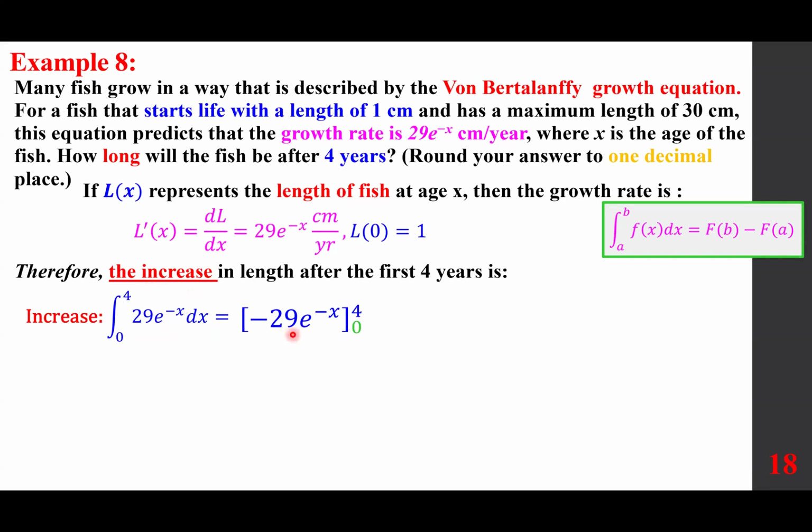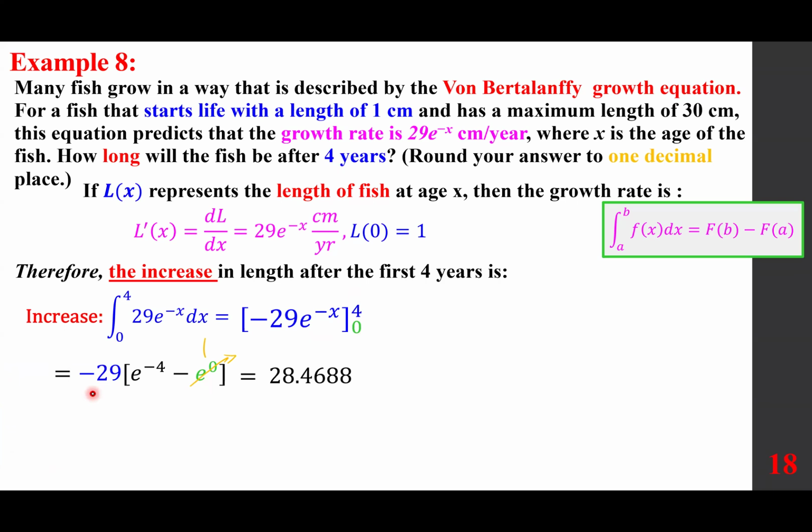So this is negative 29 times e to the power of minus 4 minus e to the power of 0, and this is 1. You put that into a calculator, you raise e to the power of -4, you subtract 1, you multiply by negative 29, and it gives you this number. On purpose, I'm using a bunch of decimals.